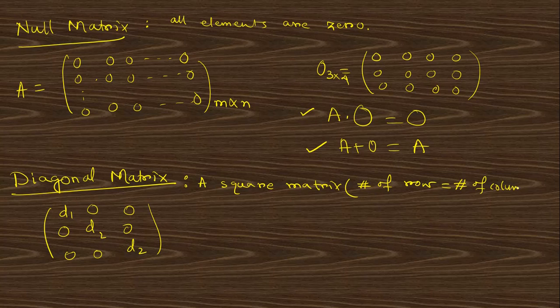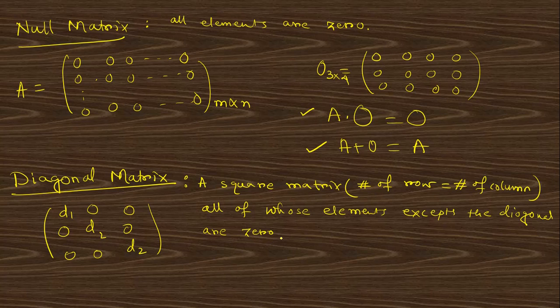A square matrix is one where the number of rows equals the number of columns, and all of whose elements except the diagonal are 0. These are the off diagonal elements; only diagonal elements are present and the off diagonal elements will be 0.